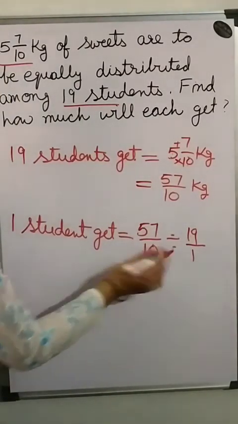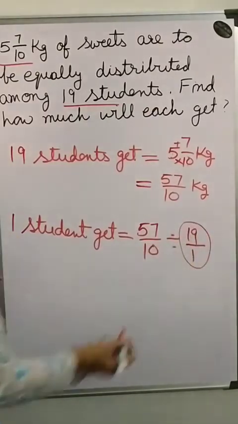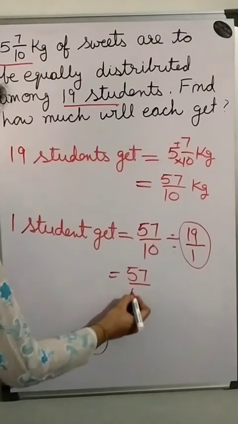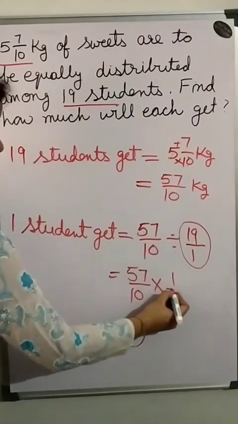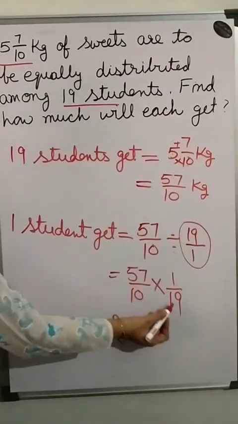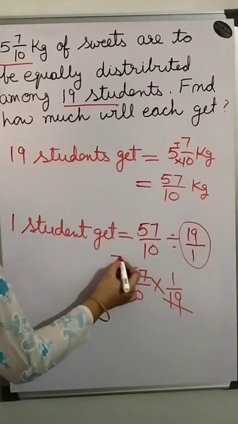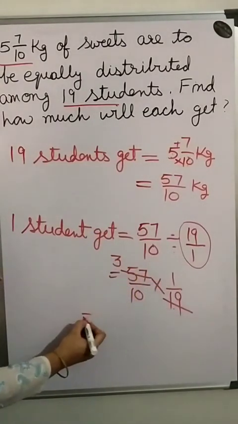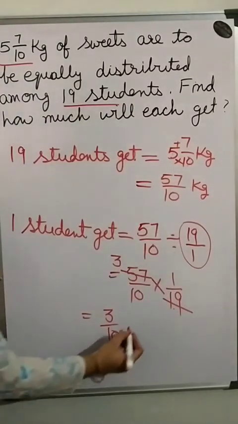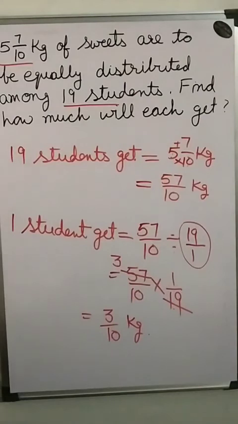For solving this one, we have to reciprocal this number and put the sign of multiplication here. And it is 1 upon 19. So see, 57 is a multiple of 19. So we can cut the 19. And it is 3 upon 10. 3 upon 10 kg of sweets that each student will get.